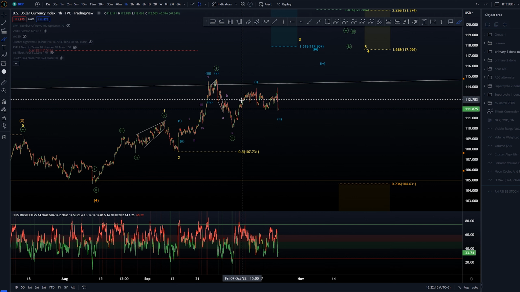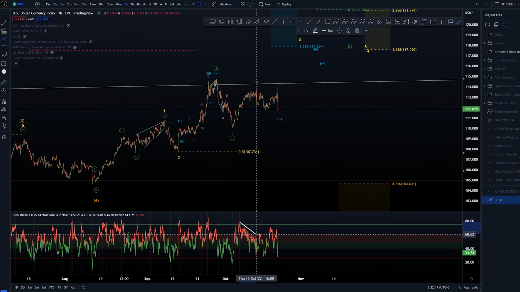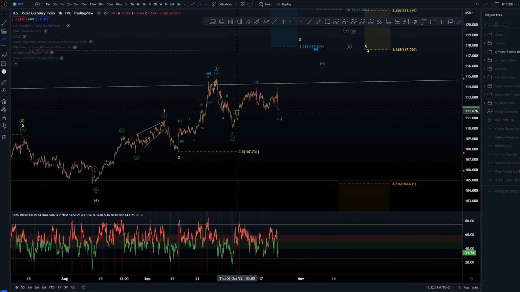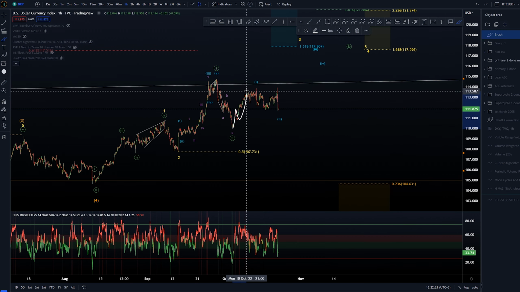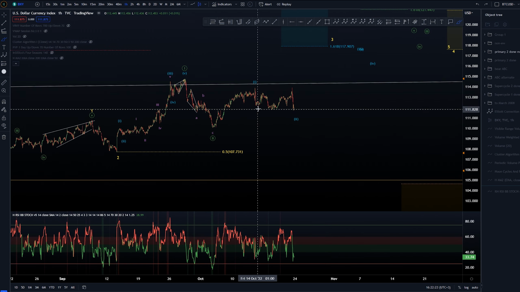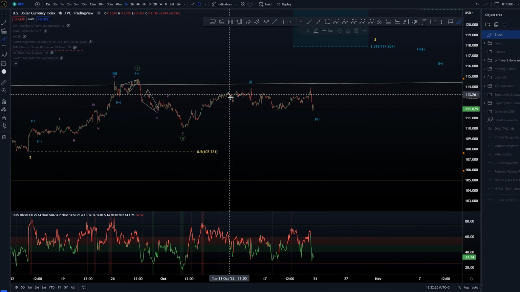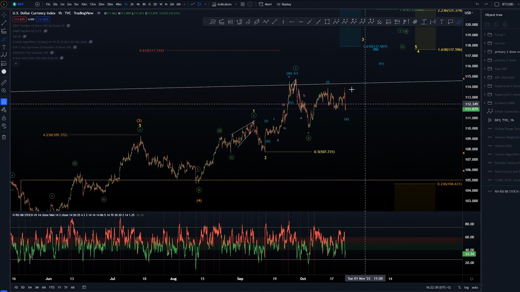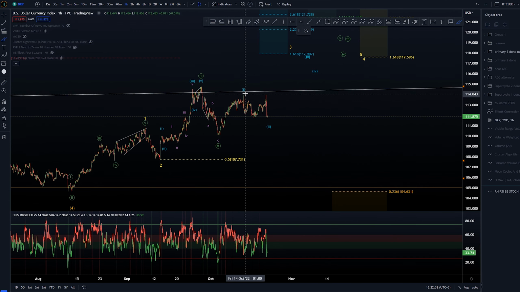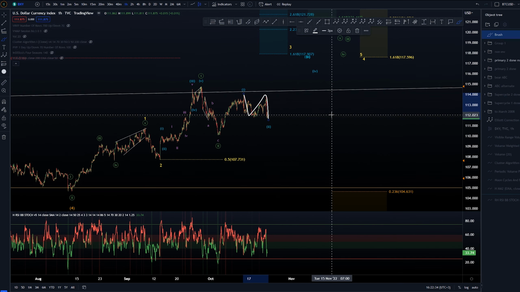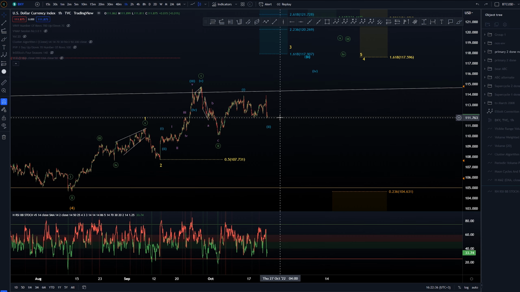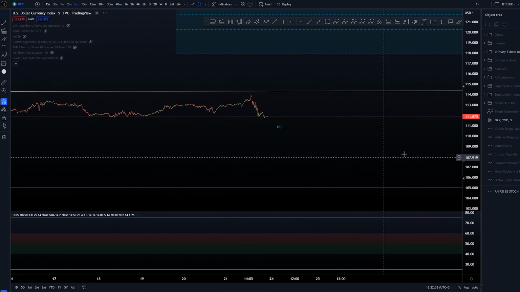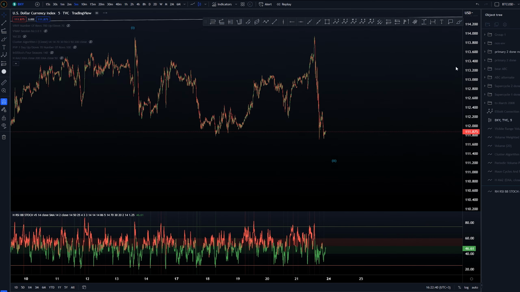We do have these divergences here as we were going up, so it is very much a possibility that this was indeed a 5-wave structure in here, as that would be the 5th wave. But yeah, expectation now is that this was some kind of 3-wave structure like so, ending the wave 2 here. Let's actually make sure that we have taken out the lows here.